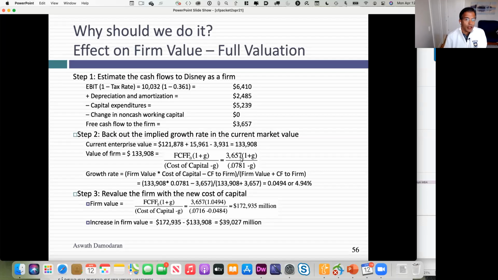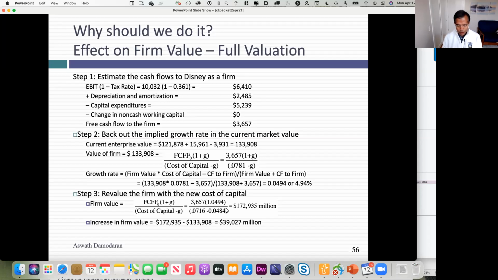I'm just looking at the current enterprise value and the current cost of capital. So when I use the current cost of capital, I'm also looking at the current debt ratios. The enterprise value that goes with the current debt ratio is the 133.9. But then that's giving you a higher growth rate, which we're then using in the revaluation. Why?